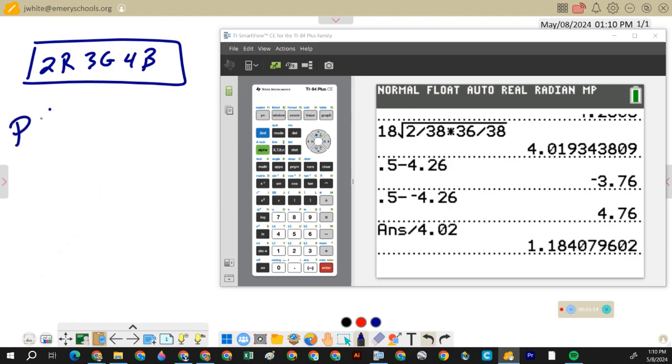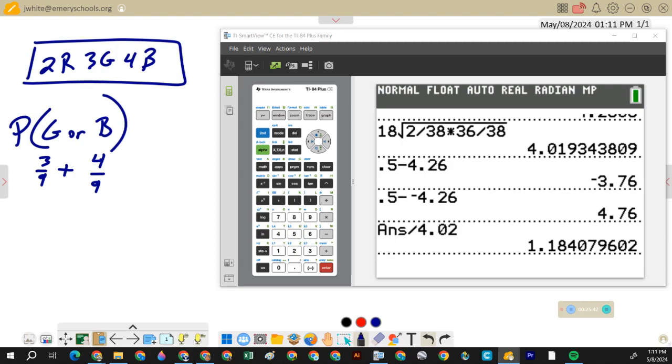What if it was or? So what is the probability of green or blue in one draw? Well, the probability of green is 3 out of 9, and the probability of blue is 4 out of 9. And I want to add those together. When are you allowed to add? When they are mutually exclusive.